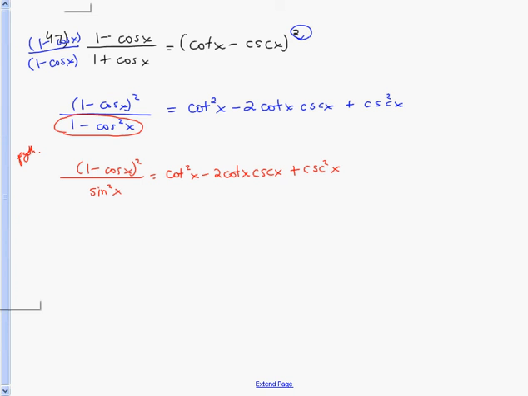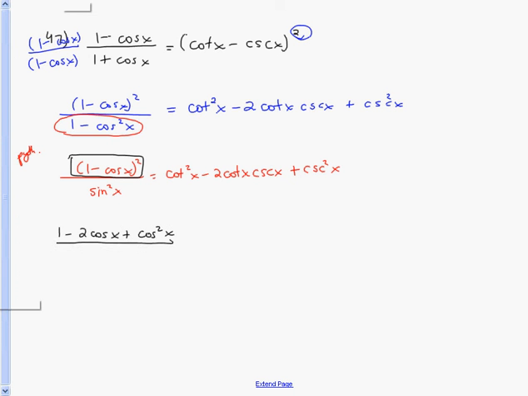Okay, I'm going to go ahead and pull out the top of this part right here. This becomes 1 minus 2 cosine of x plus cosine squared of x.